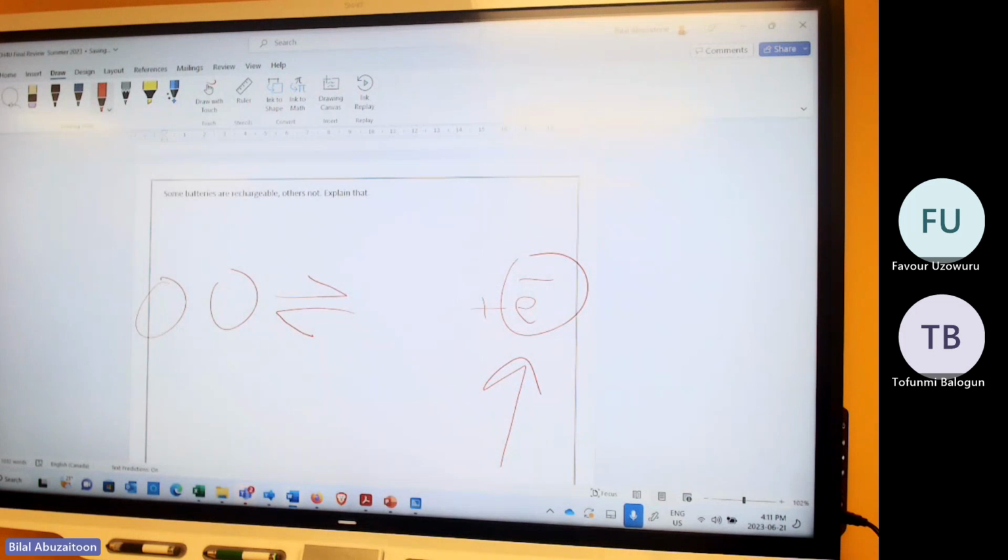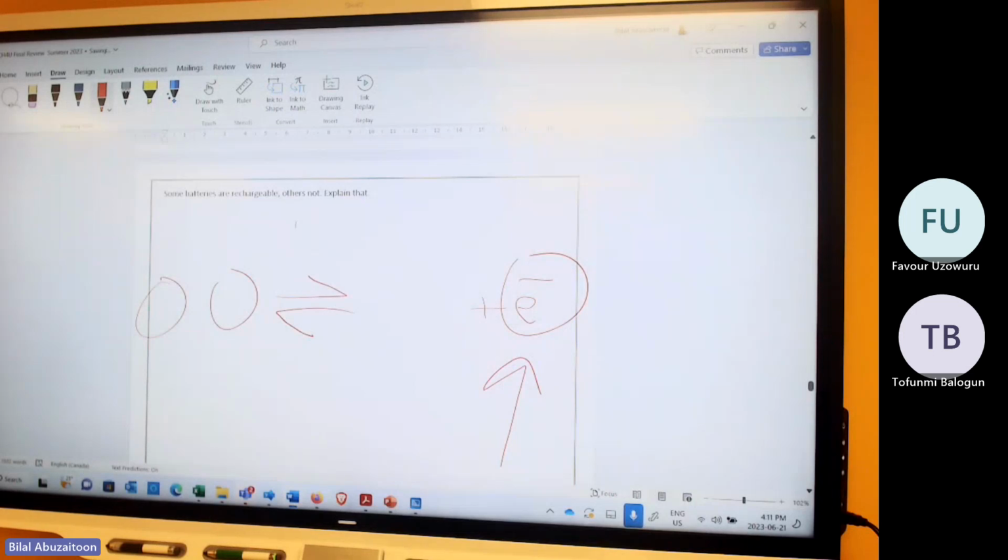You unplug the charger, and the reaction starts going back to the right. To the right means to produce electricity again. Is that clear? So when you're charging the battery, it's shifting back to the left, to reproduce the reactants. This is how recharging works.